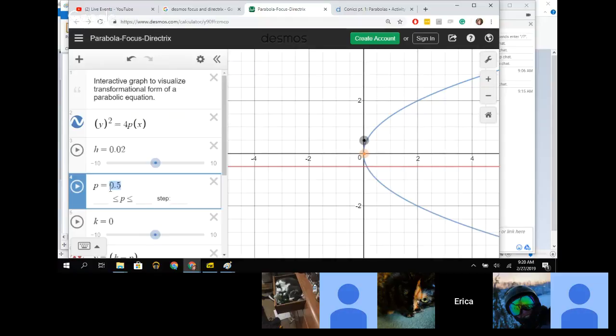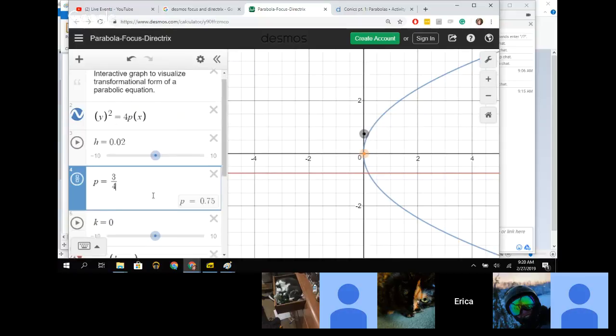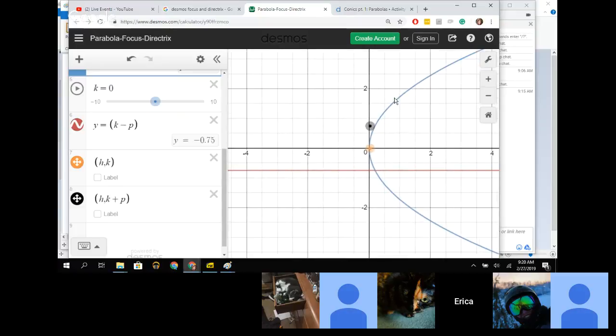It was 3/4. So I can't exactly get that point over there for me because of how it's graphing it. So your parabola is going to look something like this. Well, it will look like this. I can't get the points to work. Desmos won't work for me.